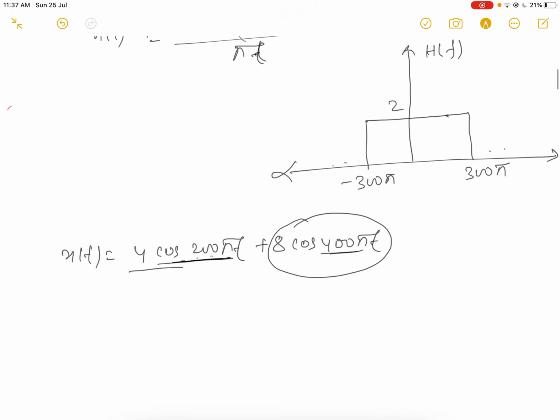The 200π component comes inside the filter, so this signal will be passed.